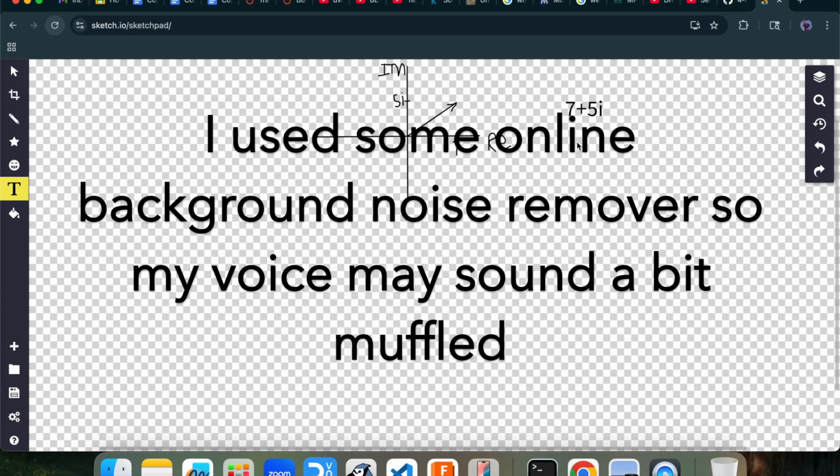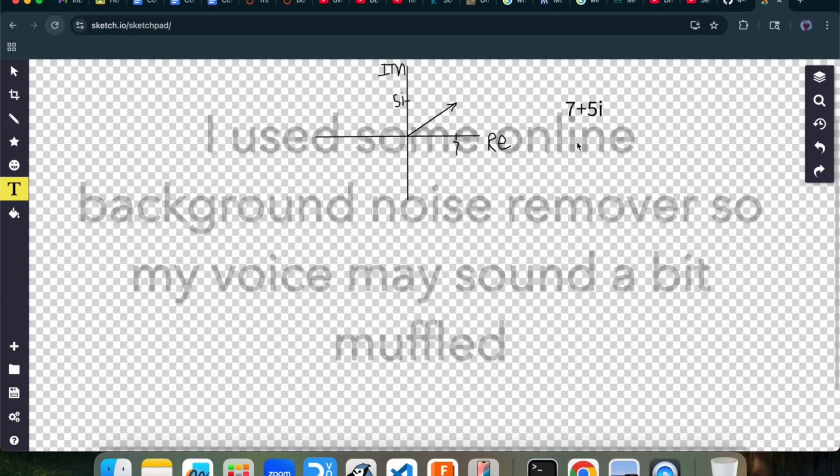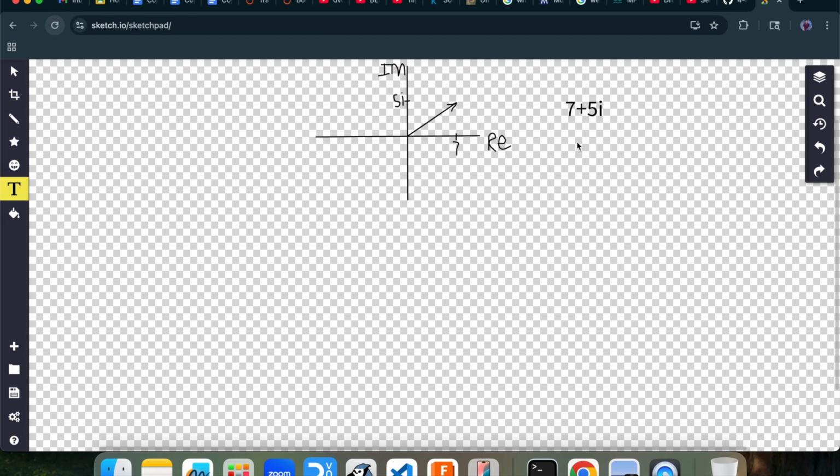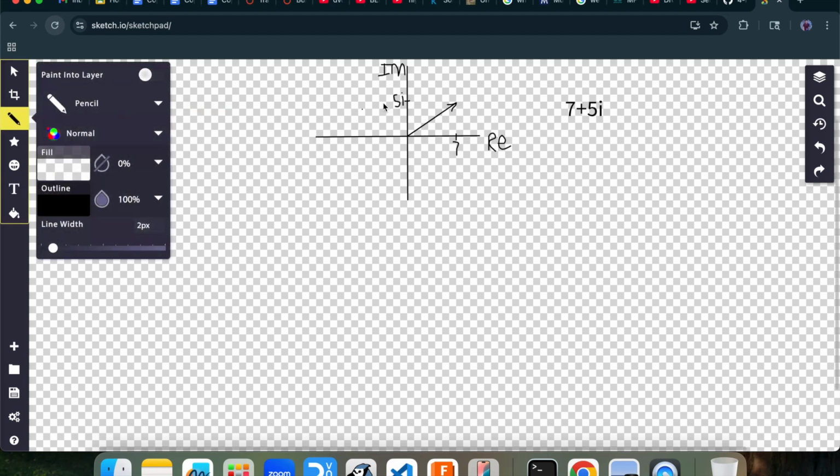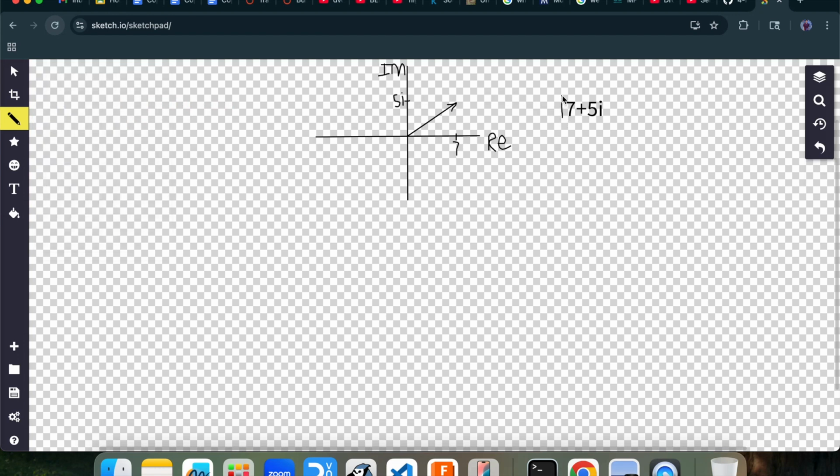Alright, so I have this random vector here in the complex plane. So it's a 2D vector, and say we wanted to rotate it 90 degrees, or pi over 2 radians, counterclockwise. To do that, you would multiply by i, and you would get 7i plus 5i squared, which is 7i minus 5, so negative 5 plus 7i.